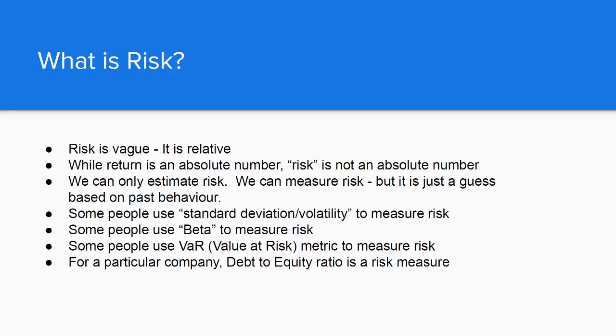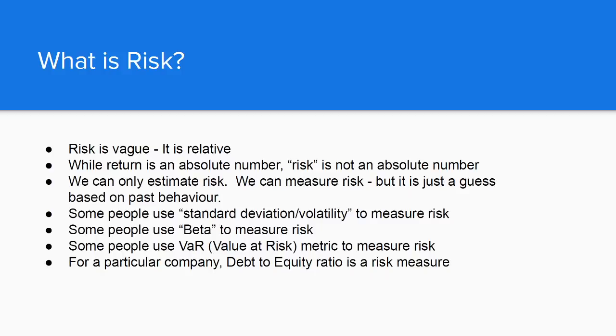But now, if you go and ask that same person, what is the risk of the stock? They are just going to say high, moderate, low. It is actually because everyone has a different measure of what a risk is. Because it is relative, right? It is not an absolute measure.